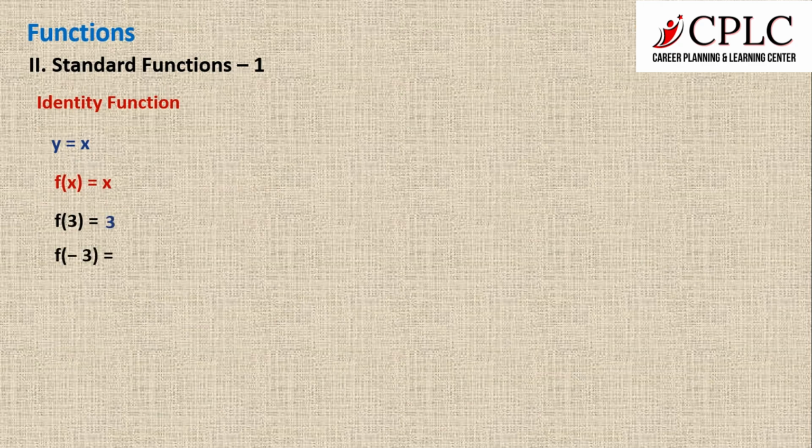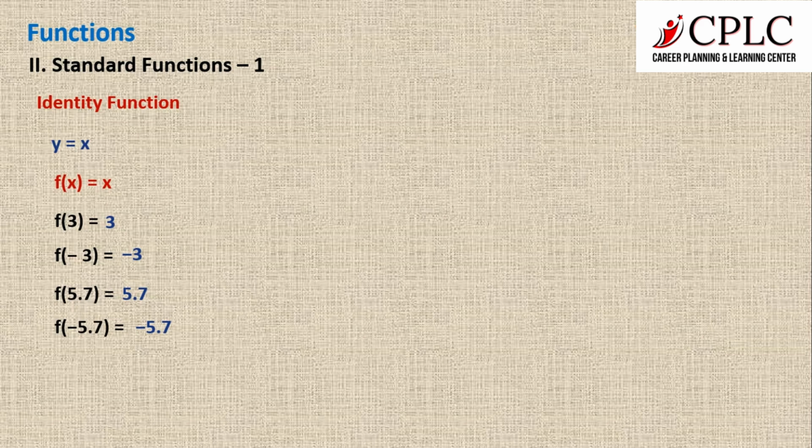You take input as -3, the output is also -3. You take input as 5.7, output is also 5.7. You get input as -5.7, you will get output as -5.7. This is exactly what the identity function is. It's copy paste, we call it in simple words. No mehnat at all, just whatever is the input, just give that as the output.